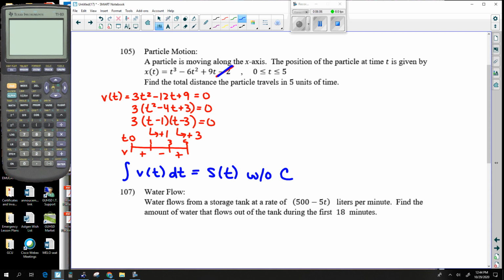All right, so what was the total distance traveled? So we begin off, the total distance is equal to the integral of the absolute value of velocity. So in this case, it begins us off with a positive distance. So that will be a positive integral from 0 to 1 second, or 1 minute, or whatever it is, 1 unit of time.